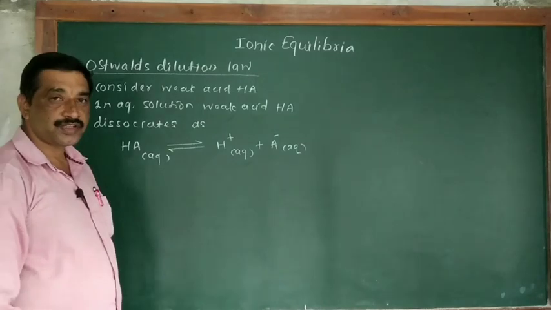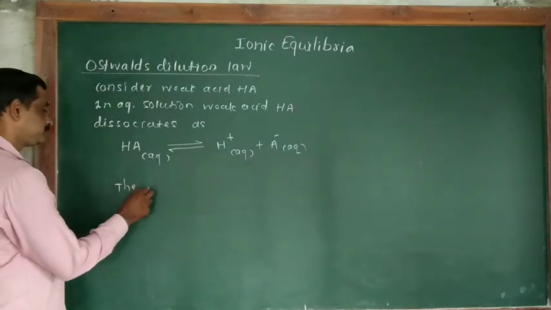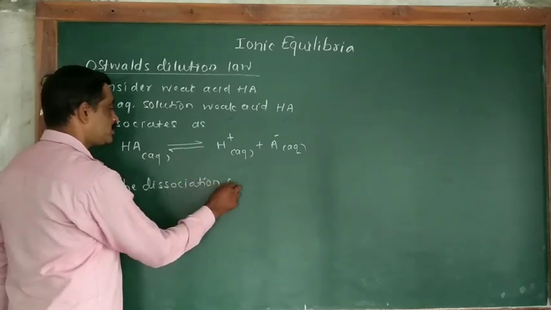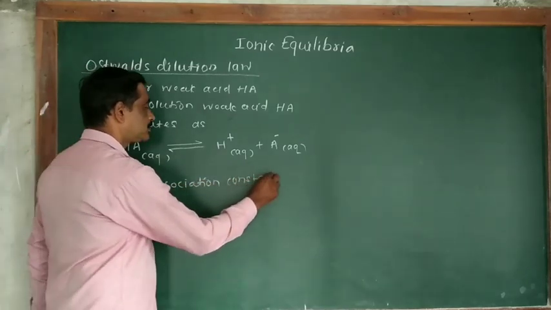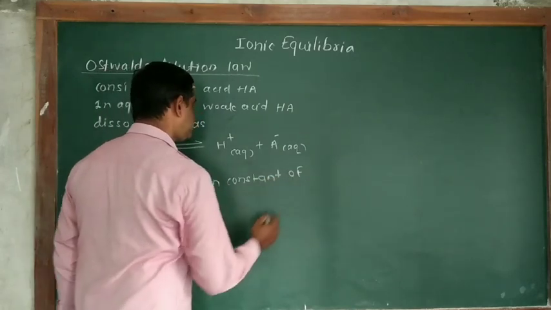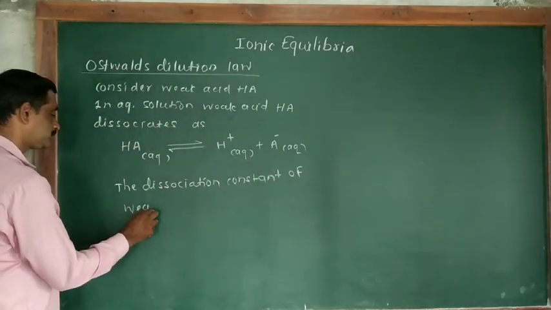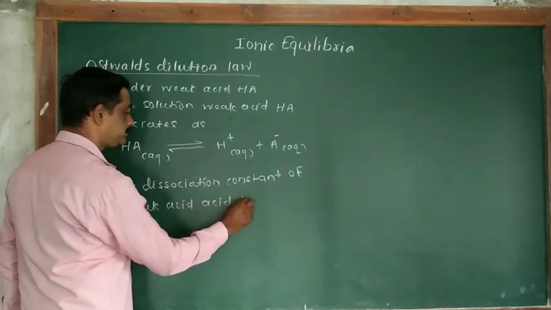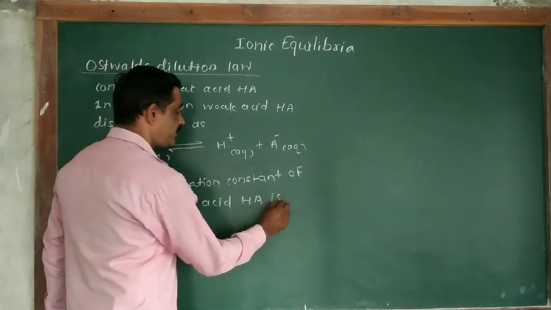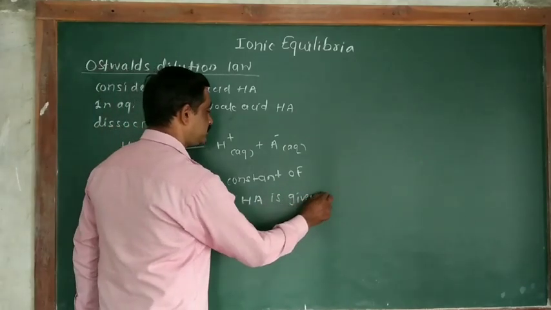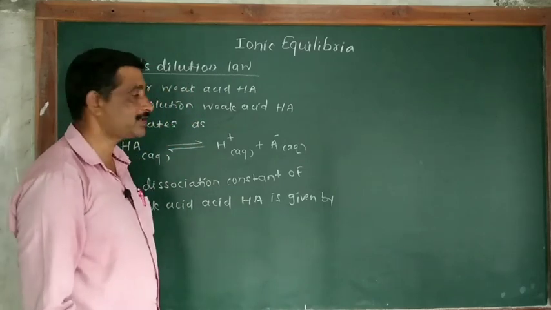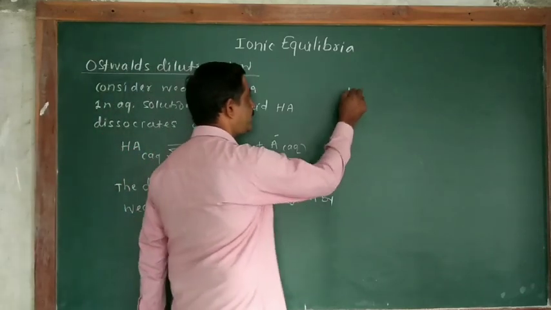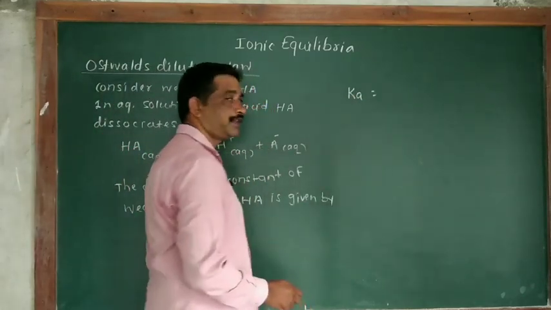Here the dissociation constant of this weak acid HA is given by, as we studied in the dissociation of weak acid, Ka.